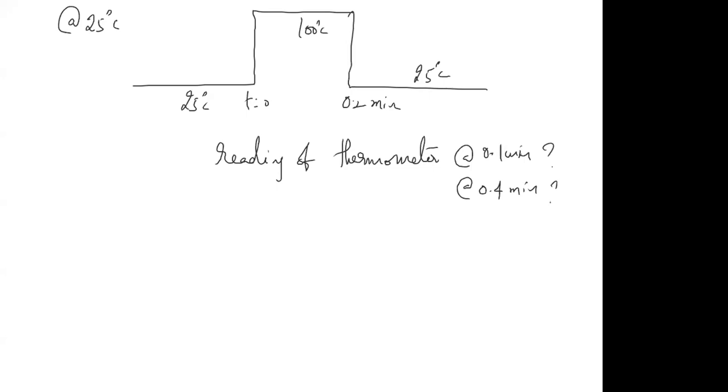See, the thermometer time constant is 0.1 minutes. This is a pulse input. Tau is 0.1.